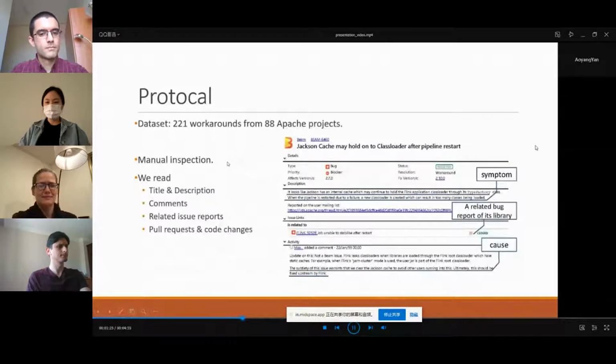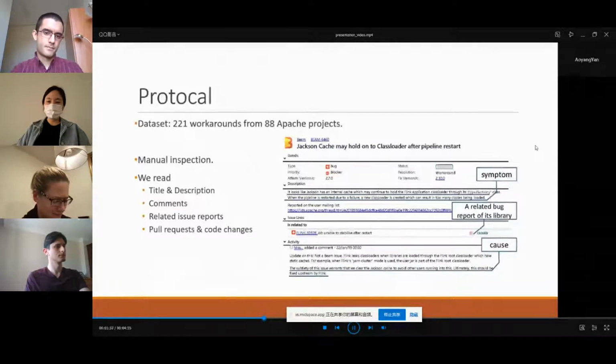In our study, we manually inspected these workarounds. For a bug report, we read its title, description, comments, related issue reports, pull requests, and code changes to understand its symptoms, causes, and repairs.